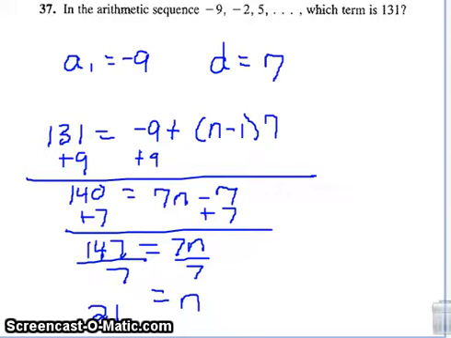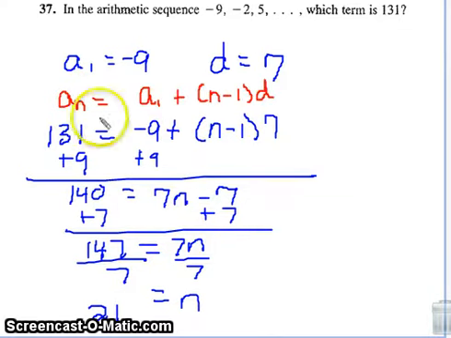And so then I just took my basic formula of a_n equals a1 plus n minus 1 times d. And since I'm trying to find which term it is, I know this is my term, 131.